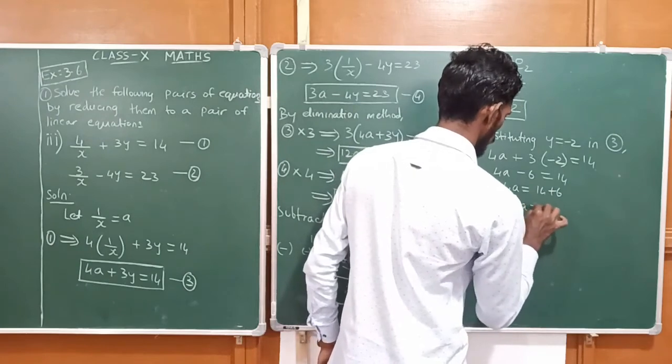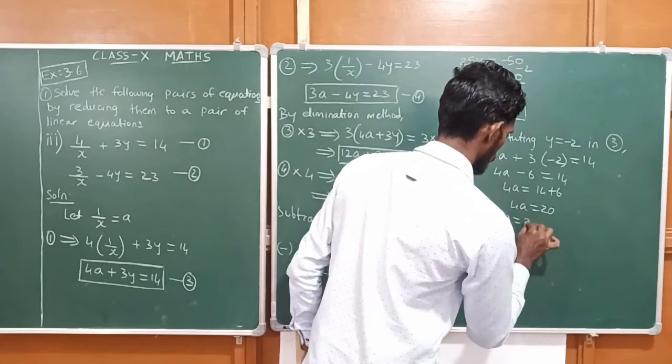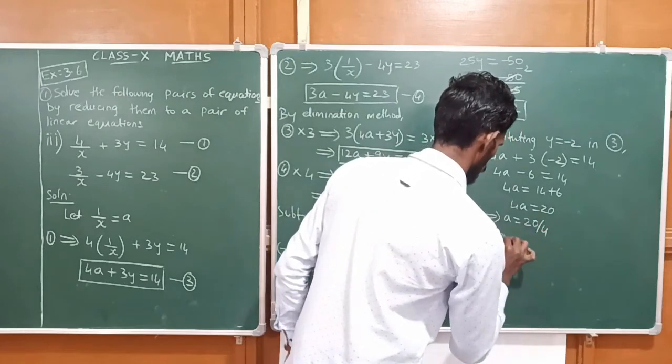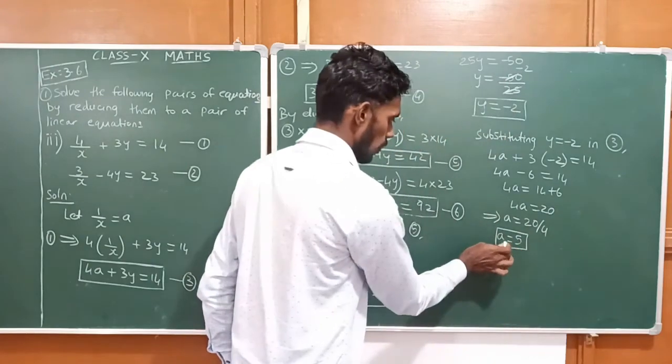So 4a is equal to 20, which gives the value of a to be 20 by 4. So a is equal to 5. Now we have got the value of a to be 5.